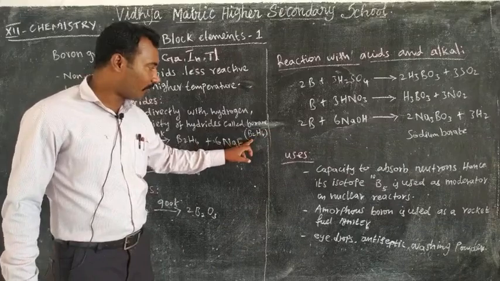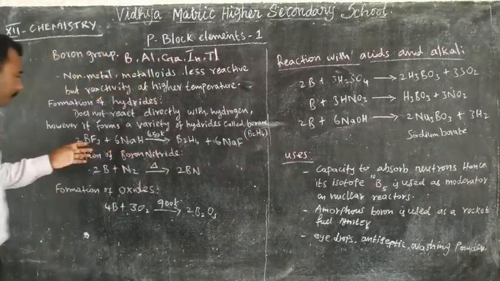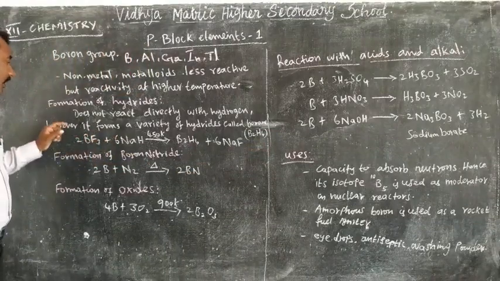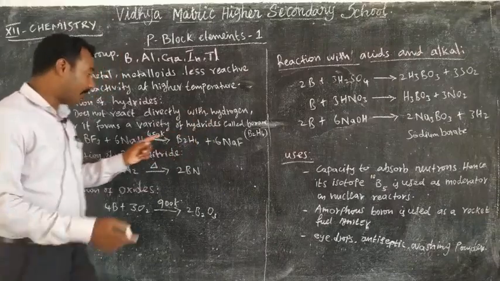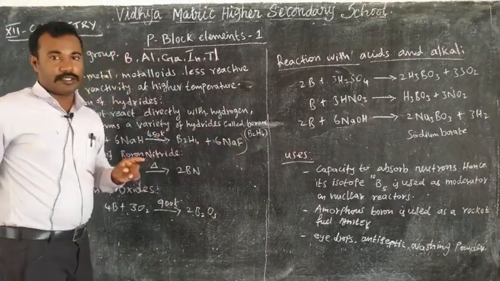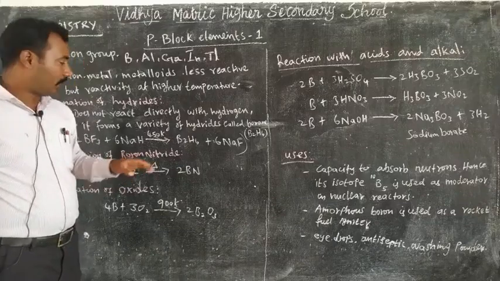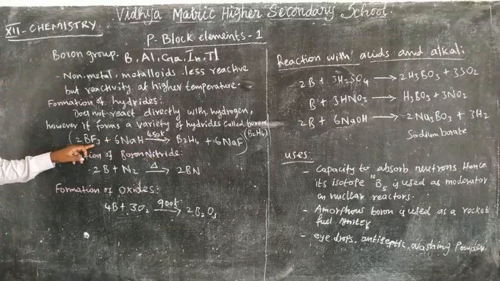The borane formula is B2H6. Listen, the reaction is very important, because they may give more reactions. BF3, boron trifluoride, has fluorine, which is a halogen.